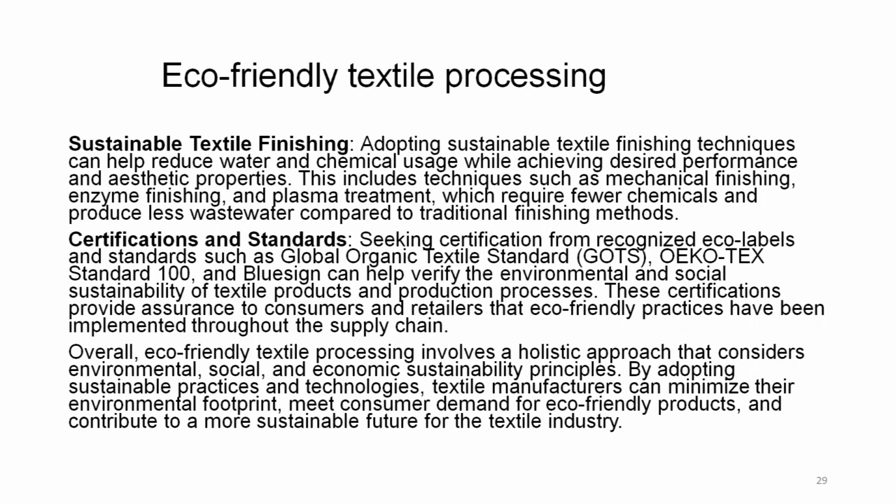These certifications provide assurance to consumers and retailers that eco-friendly practices have been implemented throughout the supply chain. So, GOTS and OEKO-TEX Standard 100 are very important certification and standard methods which give a label that all the processes have been taken care of in textile processing to be eco-friendly.